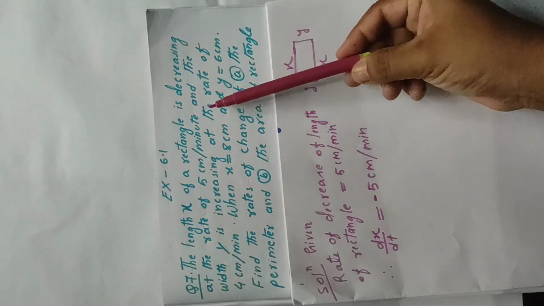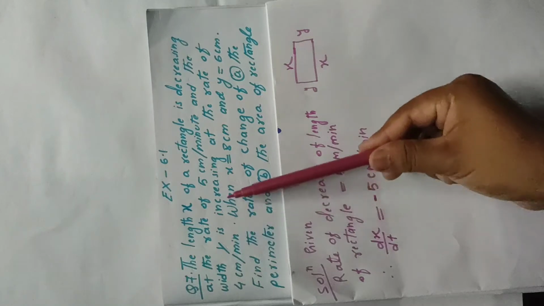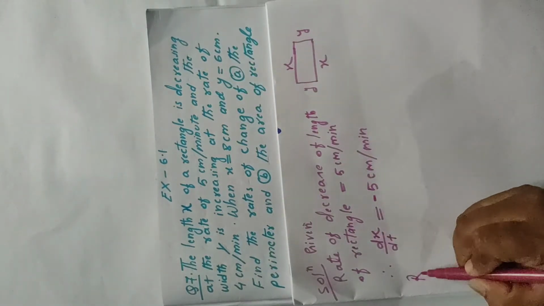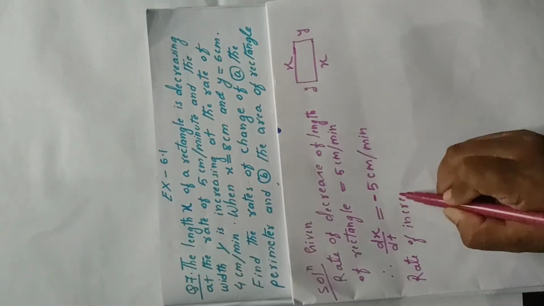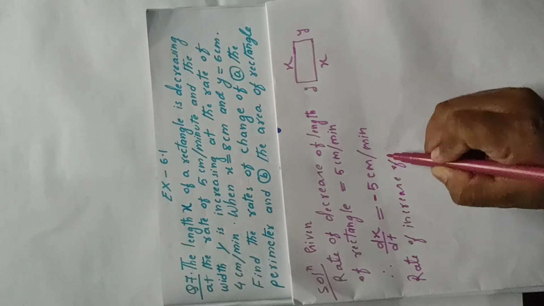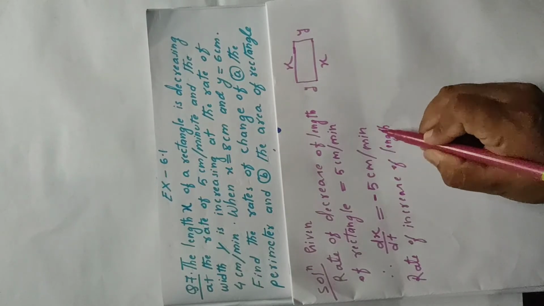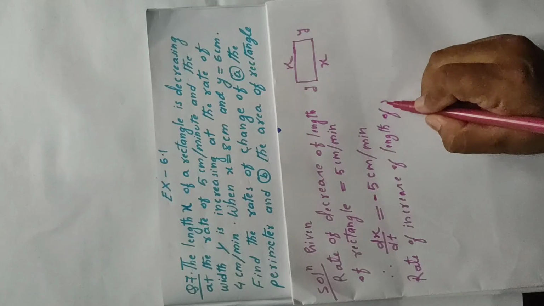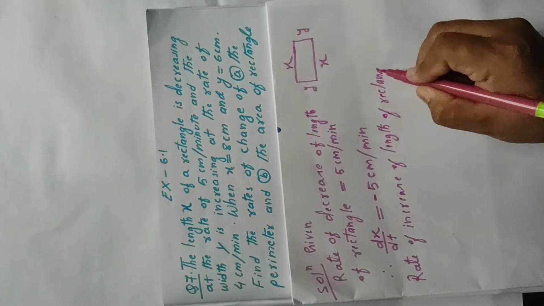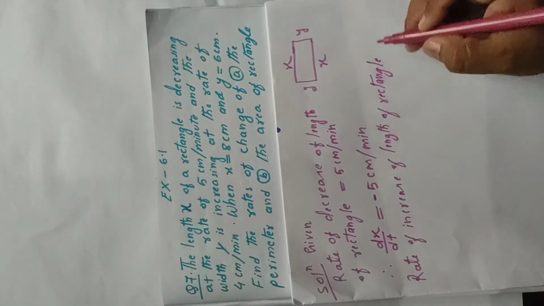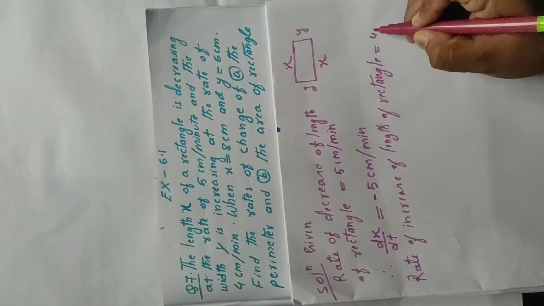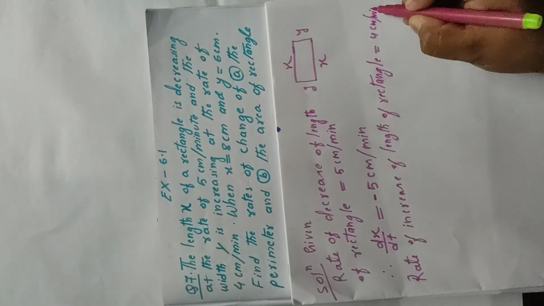Also what given? Look at here. And the width y is increasing at the rate of 4 cm per minute. Also given, rate of increase of width of rectangle is 4 cm per minute, right?